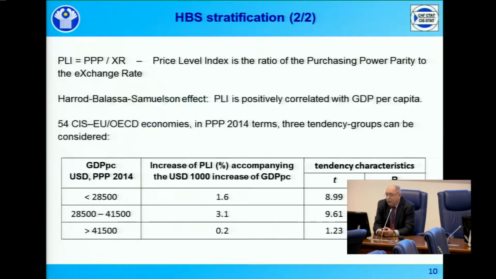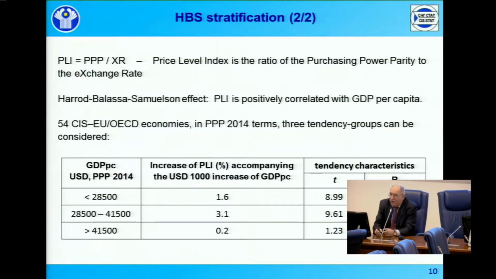And we call it stratification in the context of the Harrod-Balassa-Samuelson effect, because we know that, first of all, it has a long name. It's the Balassa effect, but in 1933 it was Harrod who was the first to describe this in some detail, and in 1911 it was David Ricardo who was the pre-first.